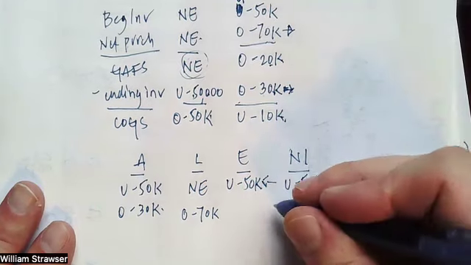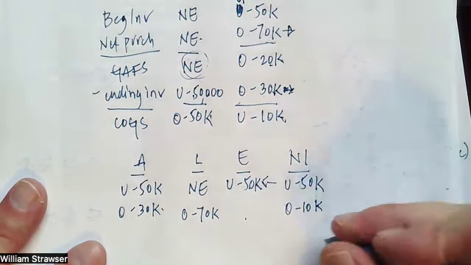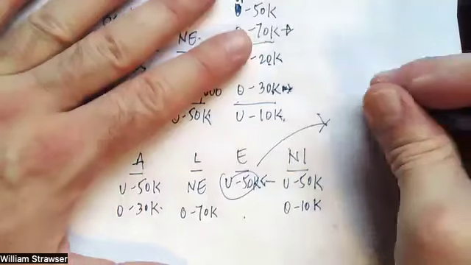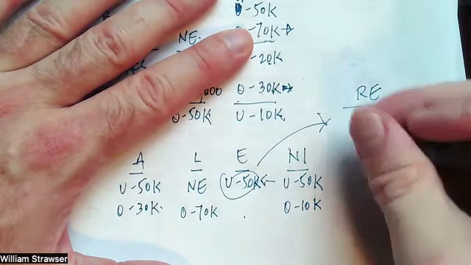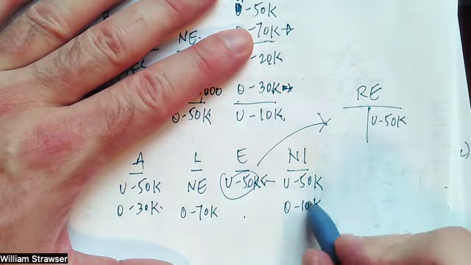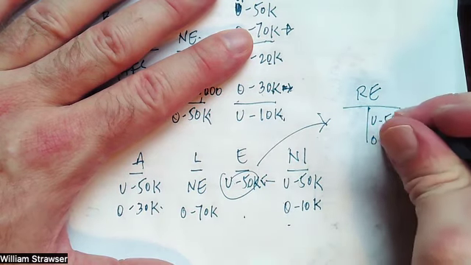Be careful with this though, because if we're talking about retained earnings, which is really what's been understated here, think about the retained earnings balance. It is understated by 50,000. We are now going to close net income that is overstated by 10,000.